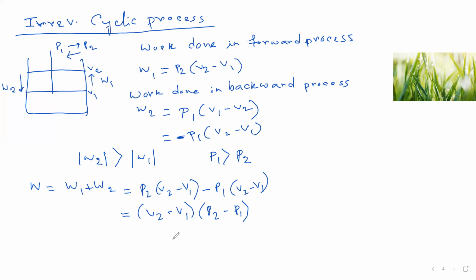So this will be a negative term, as P1 is greater than P2. That means work is required to bring the system back to its initial state from the final state. Okay, the system cannot be restored to the original state without the aid of an external agency. That is why it is called irreversible.